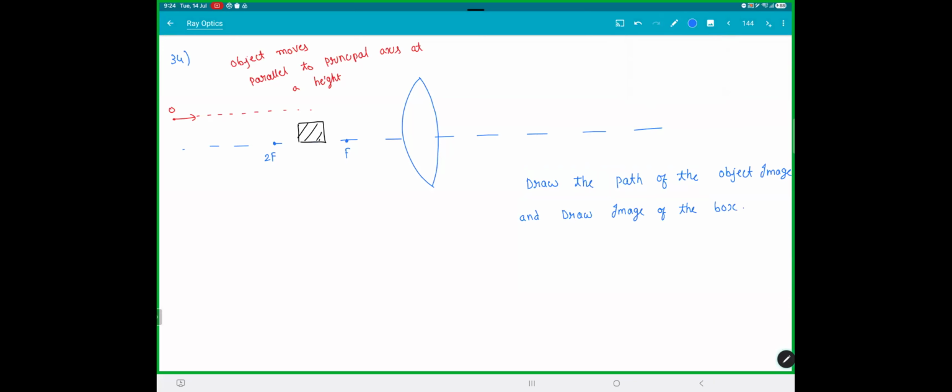Now, if you don't know those pictures which we discussed, then you'll have a problem. These kind of questions you can't solve with formulas.